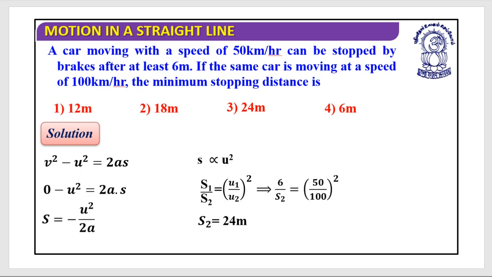What the data is telling, what the data is asking: a car moving with a speed of 50 km per hour can be stopped by brakes at least in 6 meters.